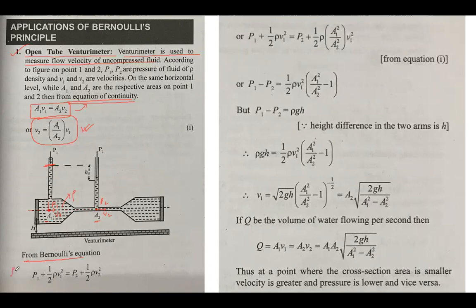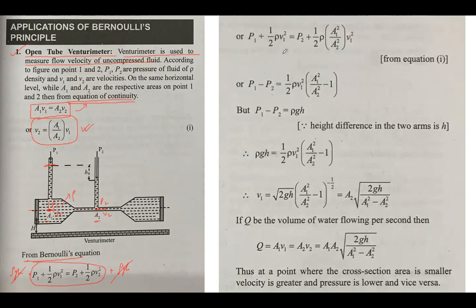Even if you write rho GH on both sides, the potential energy component gets cancelled. Bernoulli's equation is nothing but the conservation of energy equation, where we are conserving the energy.